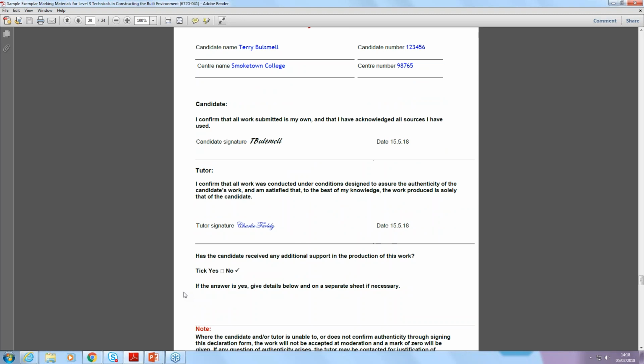For example, if you have had to step in as a marker, as a tutor, if they're going off track, and you have to pay specific attention to what is permitted in the assessment pack. So please do check out the guidelines around support on what is permitted. And if additional support is given, then we'd expect the details to be put on that box there.